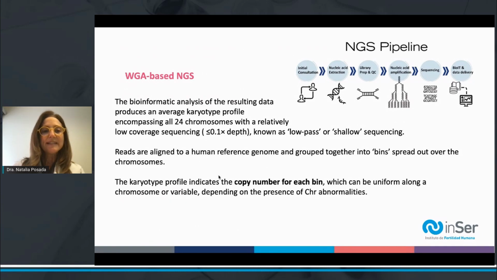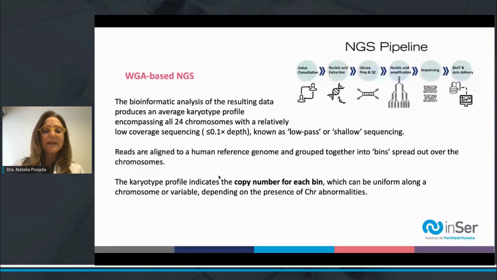So the resulting data is then analyzed in order to produce a karyotype that will encompass all 24 chromosomes with little depth, but enough to be able to analyze all 24 chromosomes.